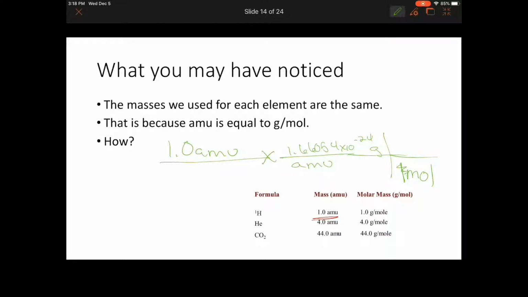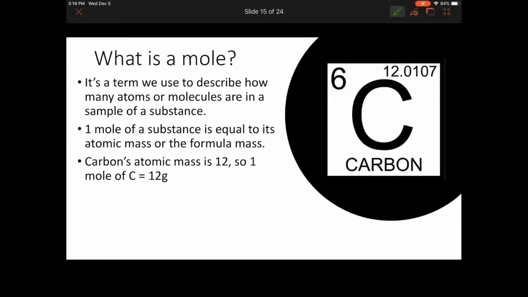So if you tried to go through and do the math for this, the number would basically not even change at all. That is how they're equal. The conversion is so tiny that it ends up being the same number.